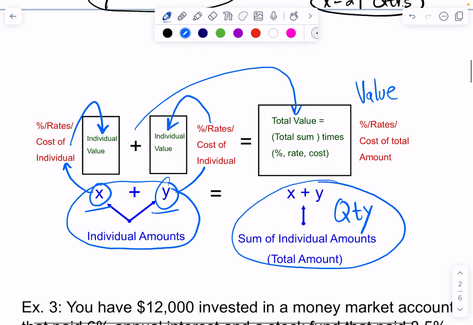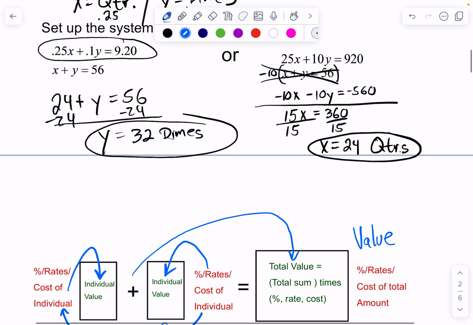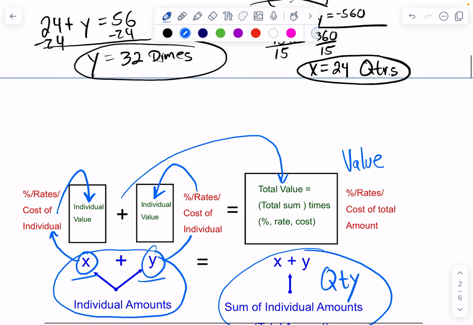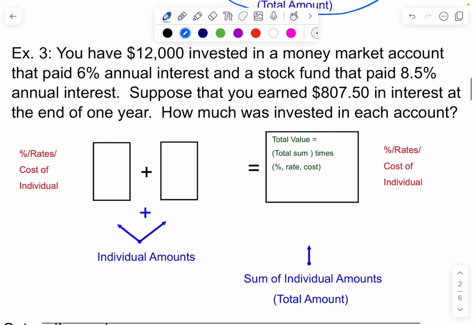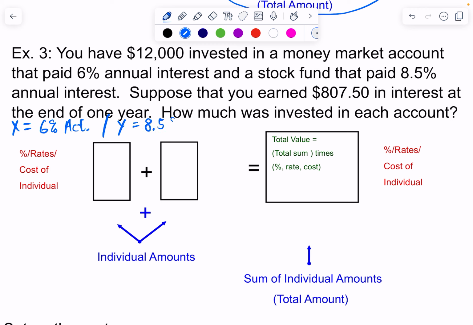Okay, just like I did before, I have to label my X's and Y's. For me, in this particular example, I'm going to go ahead and call X the 6% account, and I'm going to call Y the 8.5% account. So let's get to this.